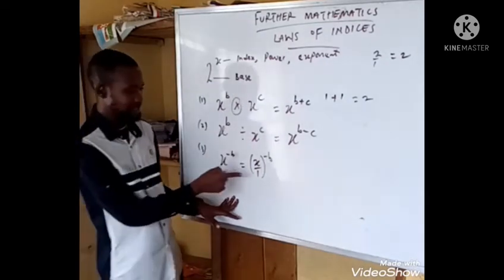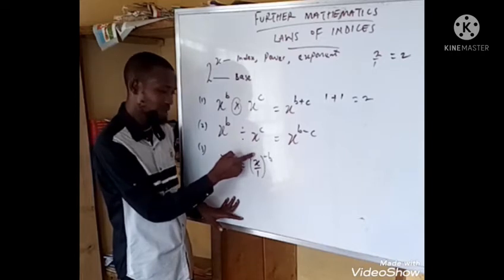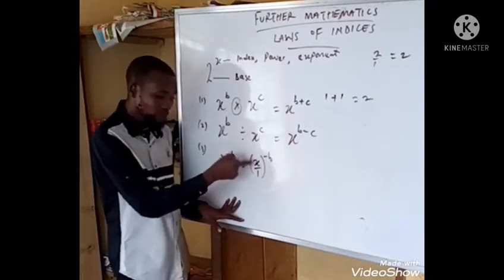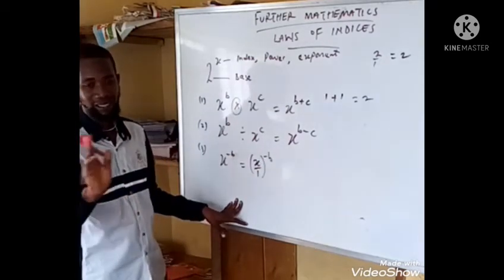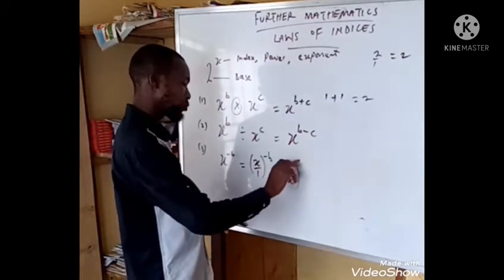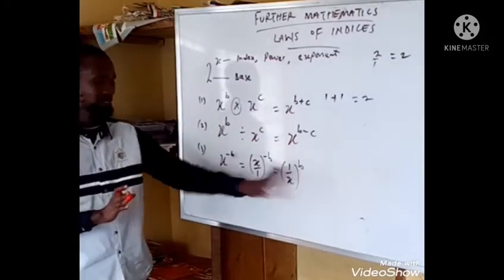That is, the denominator will come to the place of the numerator, while the numerator becomes the denominator. Once that takes place, the negative sign will automatically disappear, and that becomes 1 over x raised to power b. And with this, we will arrive at the result here.